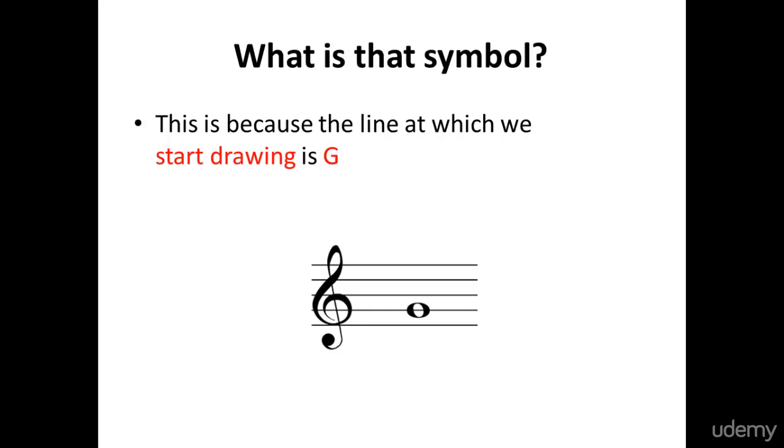So why do we call it a treble clef? Well, basically because it's responsible for the notes on the right hand of the piano. Meaning that this symbol tells us that you are playing a treble instrument, not a bass instrument. Okay, and let's just leave it at that.